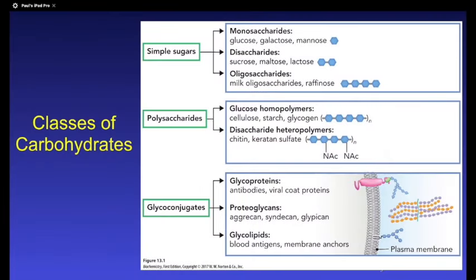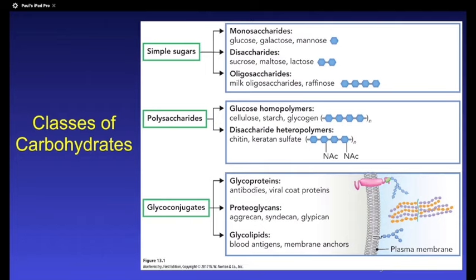The classes: we have simple sugars, and so monosaccharides, disaccharides, and very short linkages of sugars together. They are moved around in the bloodstream and they're utilized fairly quickly. We have polysaccharides, which are long chains of sugars.